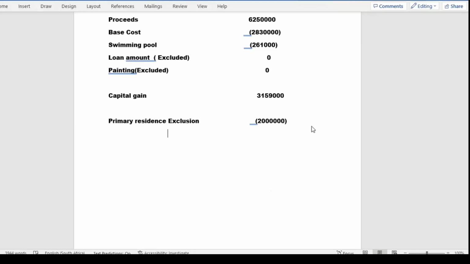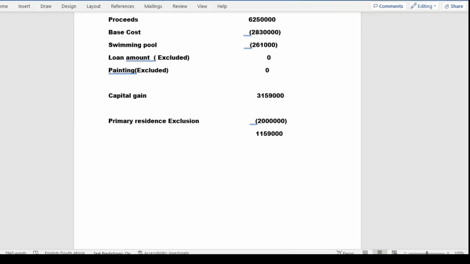Your total capital gain, I think it's 1,159,000. Okay, if you are actually there, just let me know if I've got the correct amount.